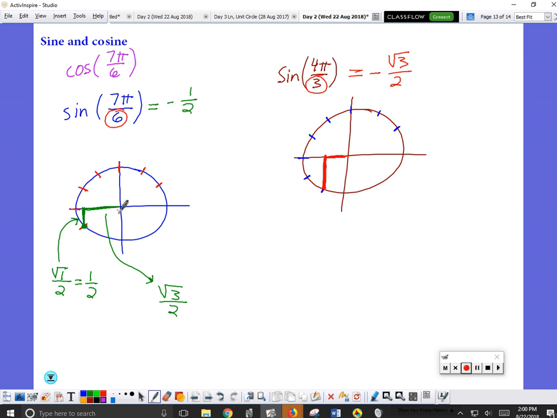The long, because it was the back and forth distance. So that's root 3 over 2. Did I move, from the origin to this point, in a negative direction or a positive direction for the back and forth? So now I know this is negative. So I don't memorize the whole circle, I just memorize that little process. That's what I prefer. I think it's easier on your brain. But you're free to memorize the whole thing.